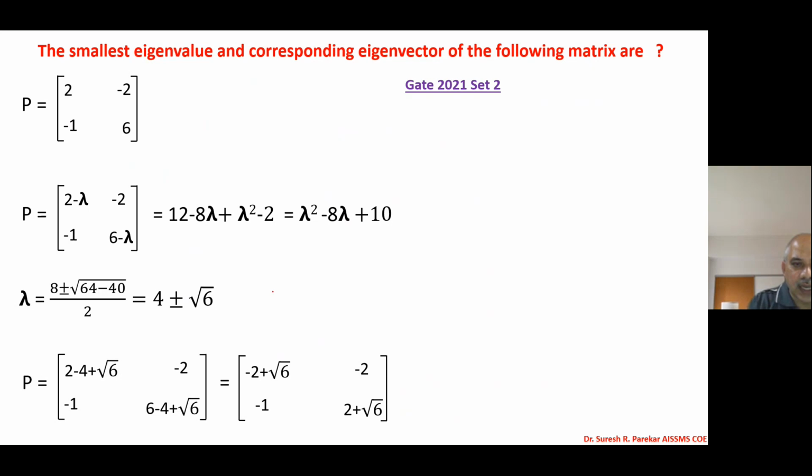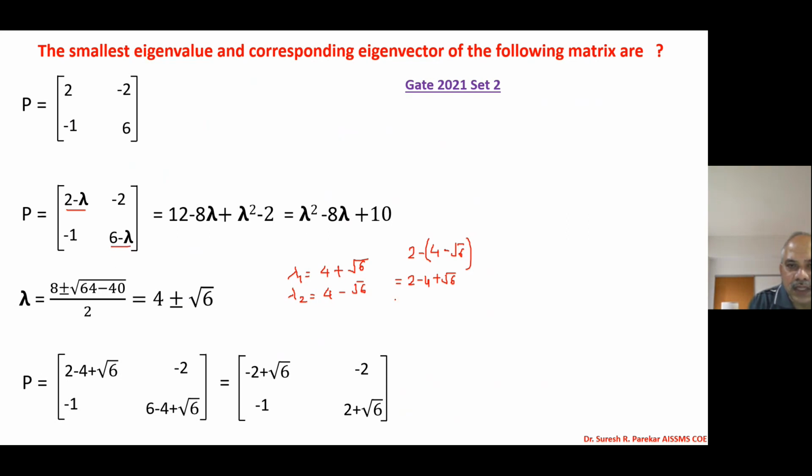Now try to understand again; I will explain it. We have two values of lambda. One is 4 plus root 6, which will be lambda 1, and another is 4 minus root 6. Now if I put it here, we have 2 minus in bracket 4 minus root 6, so it becomes 2 minus 4 plus root 6.